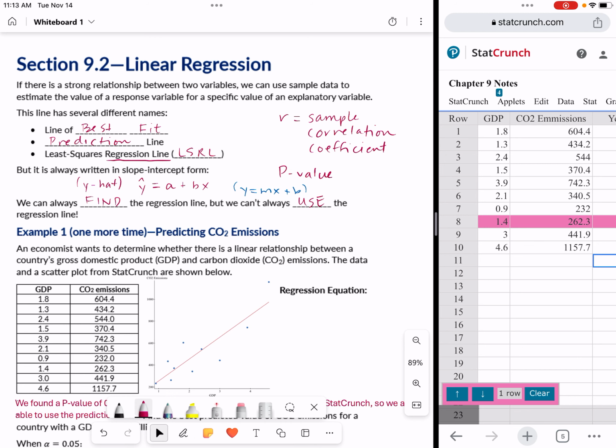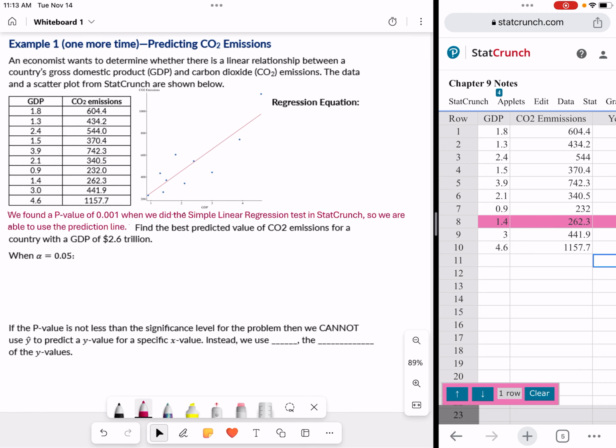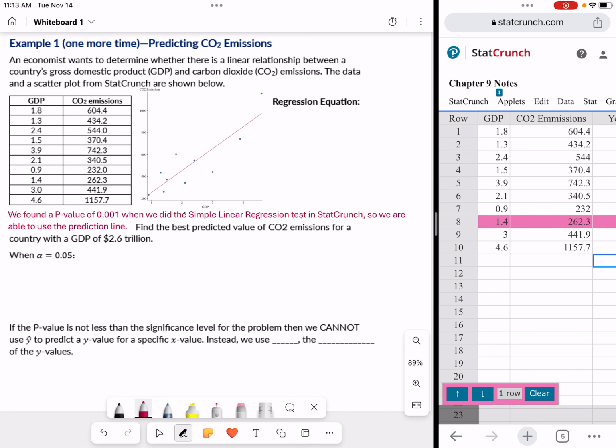So let's take a look at this example that we have. We looked at this data, this gross domestic product versus CO2 emissions, when we were looking at section 9.1. And I did fix, so you might notice that this is slightly different from the graph on your notes.